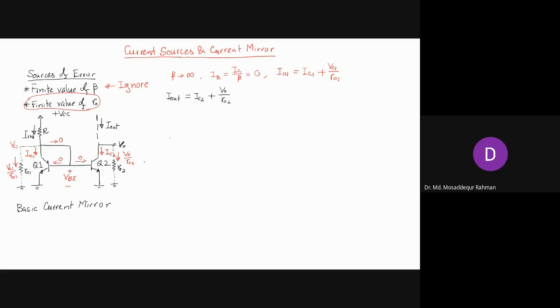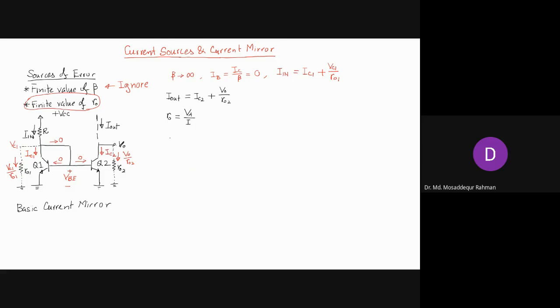Now what is the expression for R naught? R naught is VA divided by IC, where VA is called the early voltage.